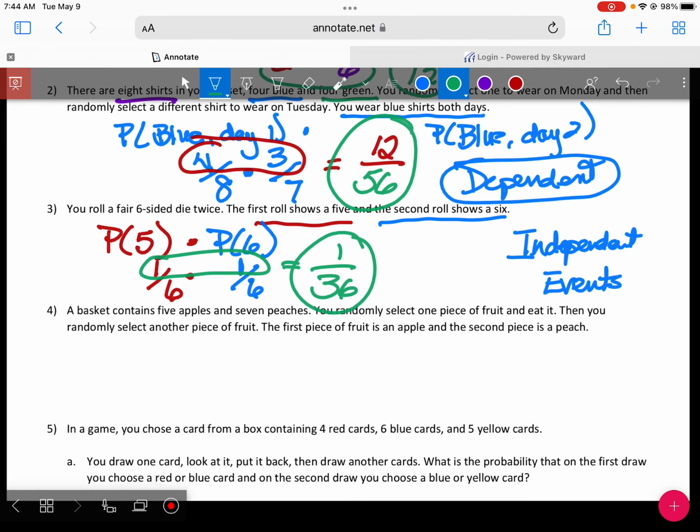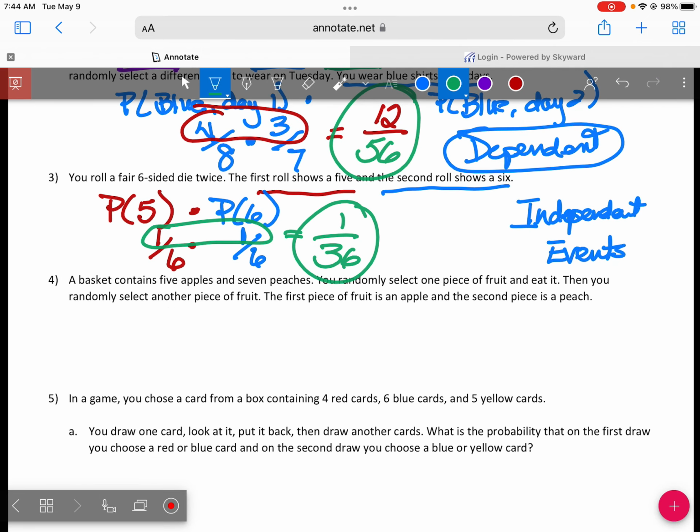All right. Let's go to number 4. We're on page 22. It says a basket contains 5 apples and 7 peaches. You randomly select one piece of fruit and eat it. Then you randomly select another piece of fruit.